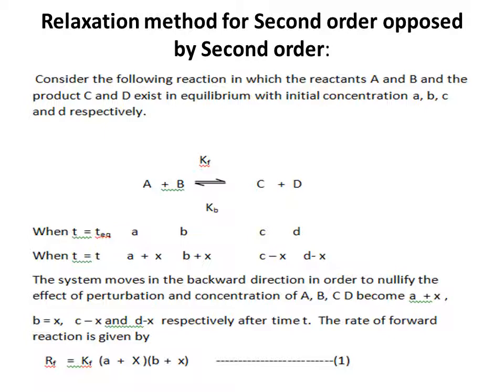Equation is A plus B react reversibly forming C plus D with forward rate constant Kf and backward rate constant Kb.